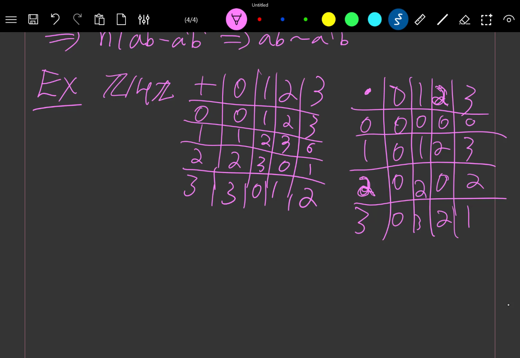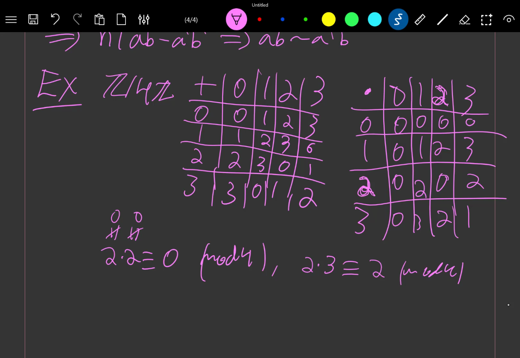Also, if we look at 2 times 3, that's 6, which is 2 mod 4. We have something that's not 1 multiplying with something. So here we have 2 times 2 is 0 mod 4, which is strange because neither of these are 0. And we also have 2 times 3 is 2 mod 4. And this is strange because 3 is not 1.